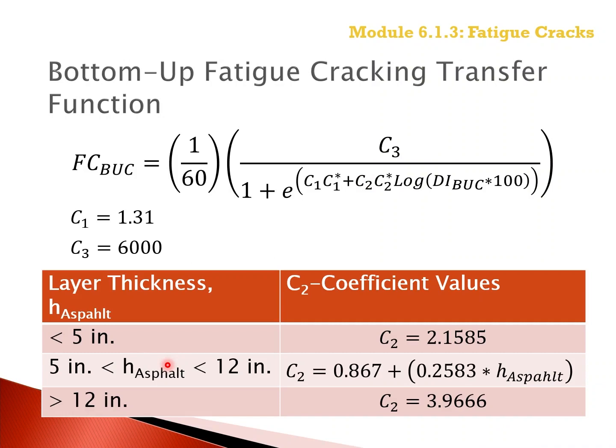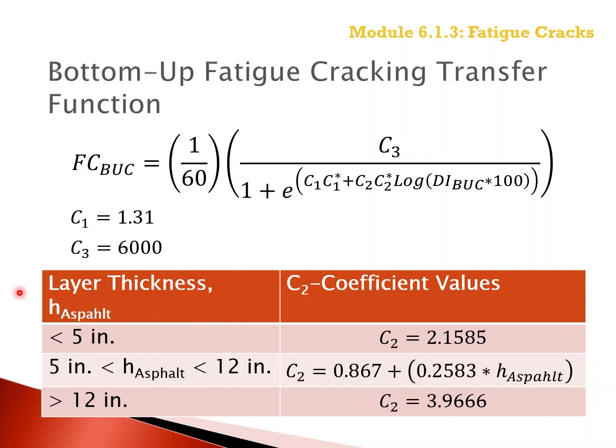This slide summarizes the calibration coefficients of the transfer functions. In other words, C1, C2, and C3 that were derived from the global calibration process for bottom-up fatigue cracking. The global calibration coefficients, as we just mentioned, are C1, C2, and then C3. C2 is dependent upon the total asphalt layer thickness, as shown in the table.